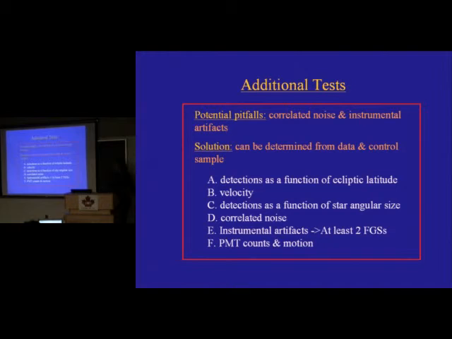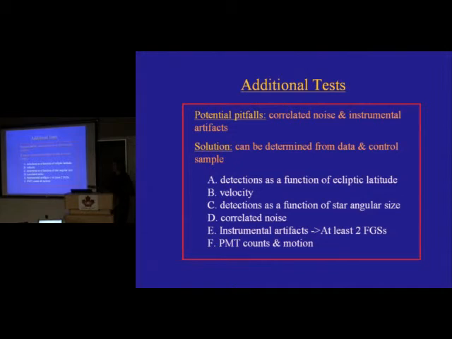We can check for correlated noise. We already did it for the event I just discussed, but you can check if there are any correlated events in the two different fine guidance sensors.